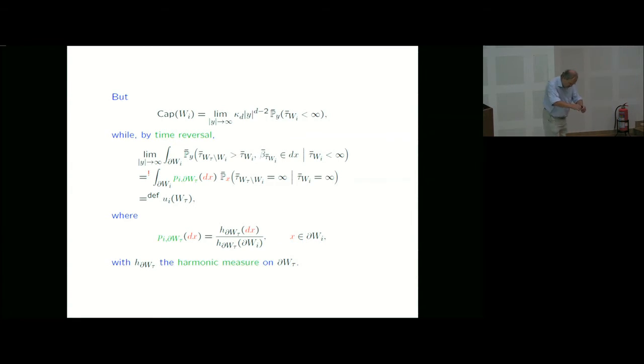So you start at a Wiener sausage in the middle, you condition on never coming back to that piece. What is now the probability that I will actually be able to escape to infinity without ever hitting all the other Wiener sausages as well?